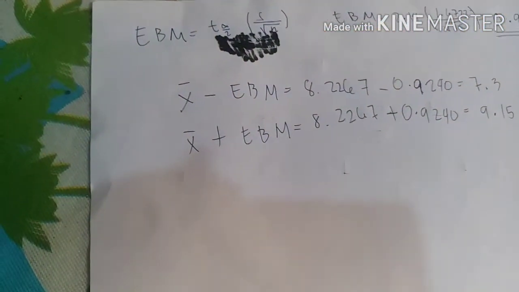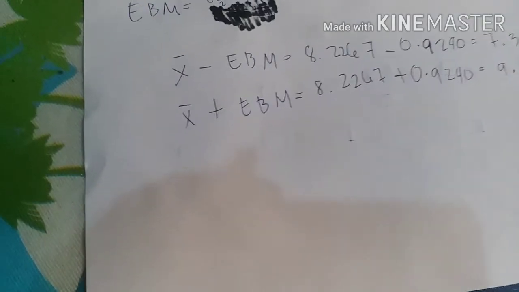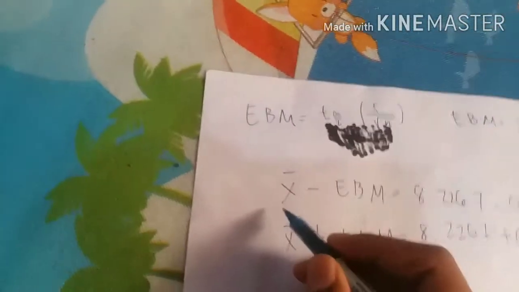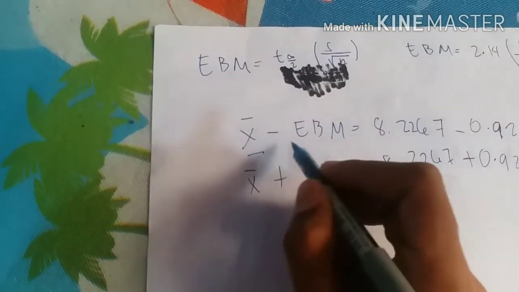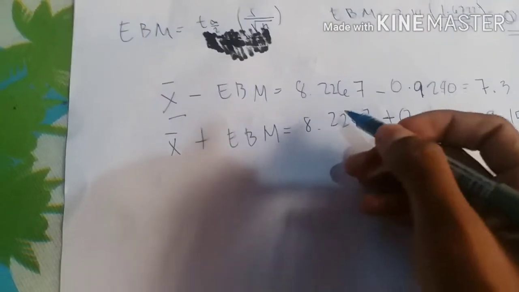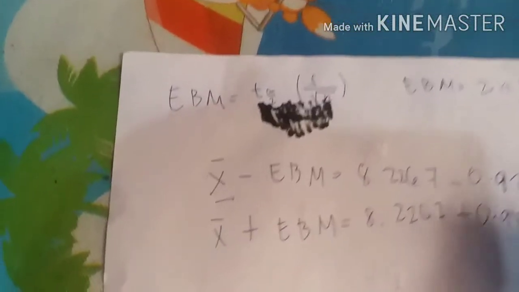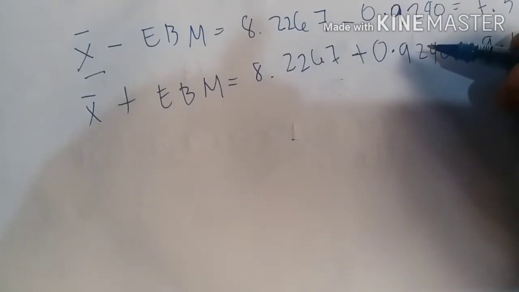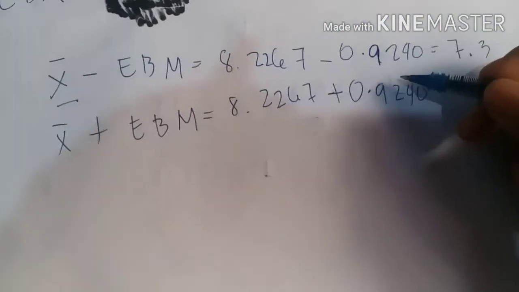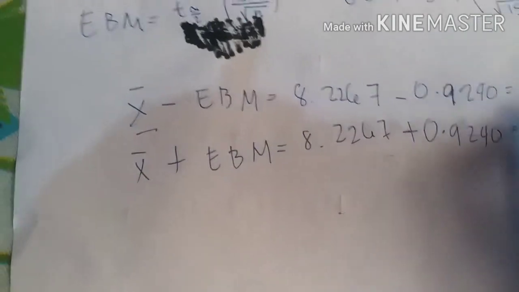Para makuha mo yung confidence level na sinasabi nila, sample mean minus the EBM. So 8.2667 minus 0.9240.